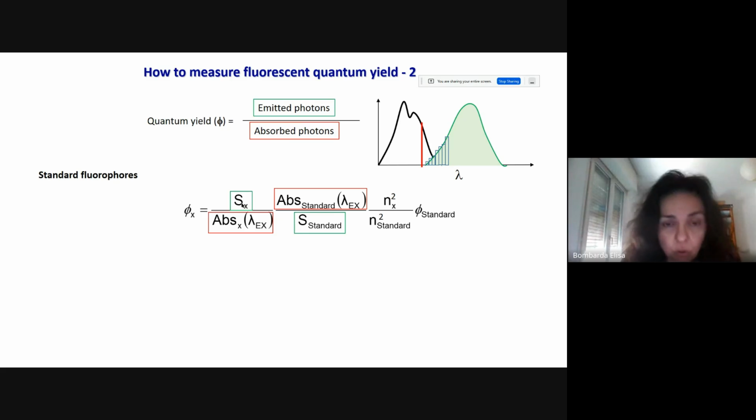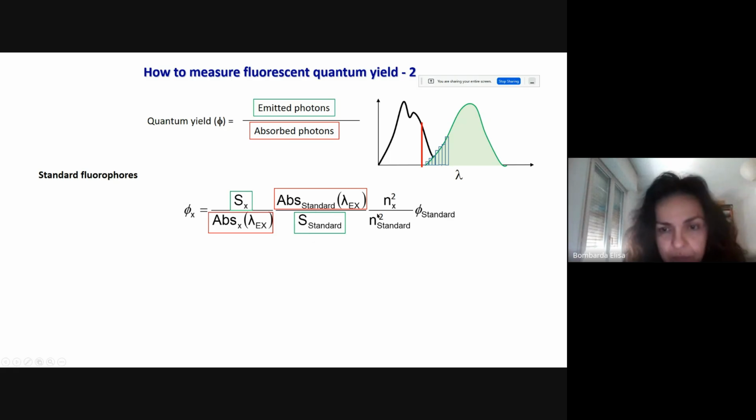So to make an absolute parameter, it is required to measure in the same conditions a standard for which we know the quantum yield. And so then we do the same: we make excitation, so absorbance and the surface.